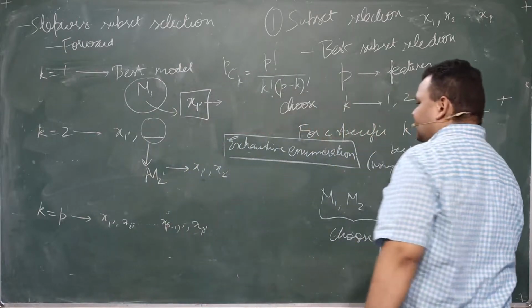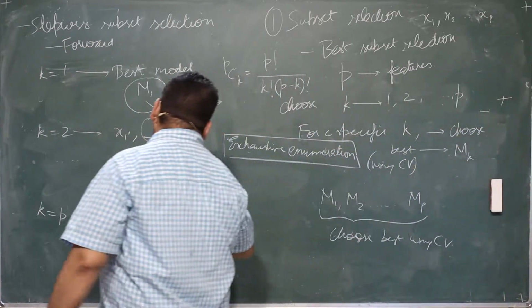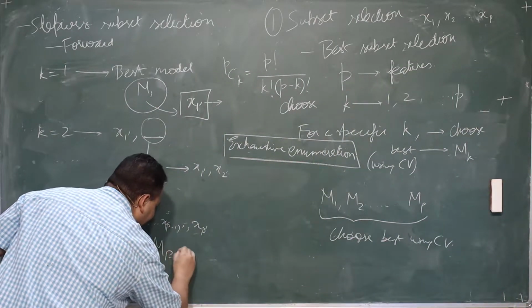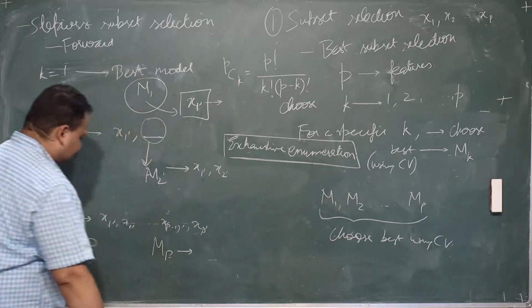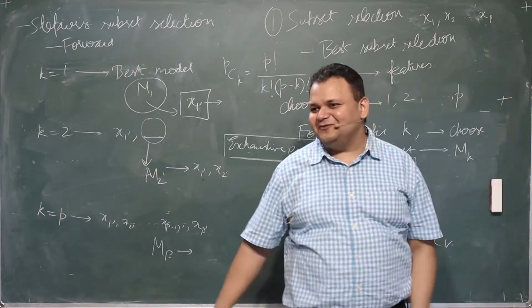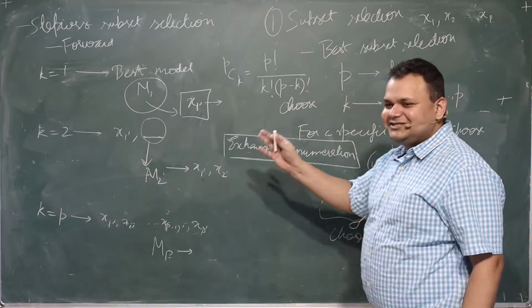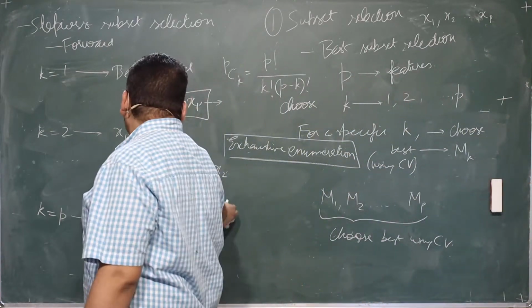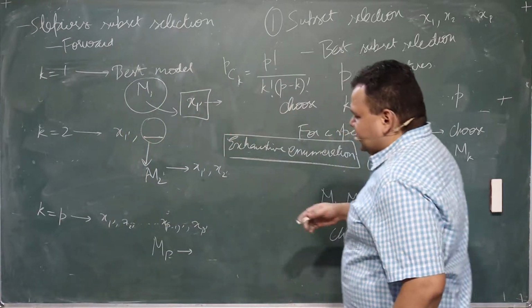So the final model Mp will have all the different features. They will be in a different order, not the same order as we previously had, but essentially the same P features or P predictors.